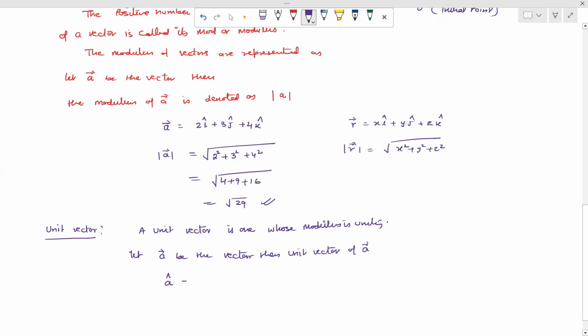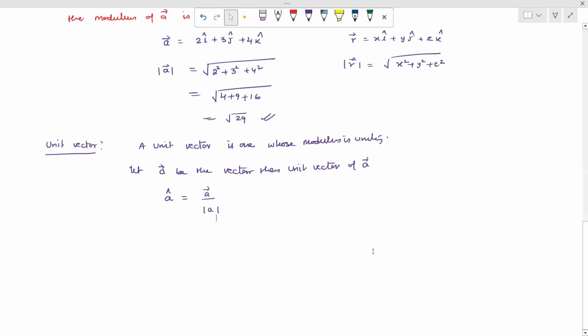Now we will represent the unit vector by A cap, where A cap is equal to vector A upon modulus of A. So this is the unit vector. For representation of unit vector, A cap equals vector A upon modulus of A.